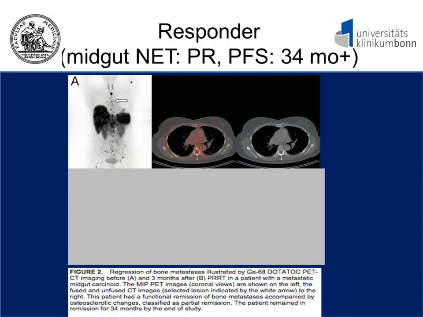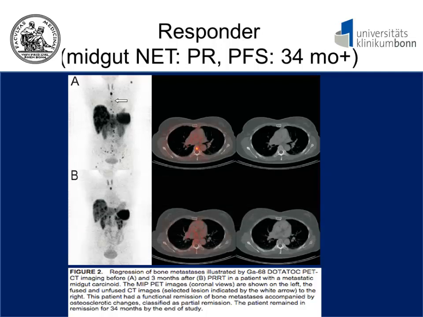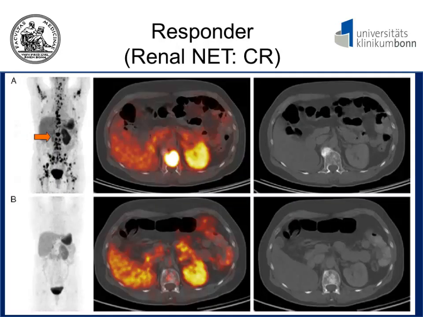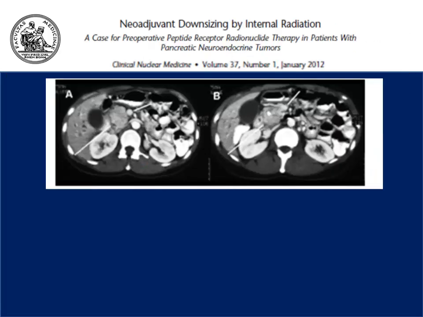One example from this study, a patient with midgut neuroendocrine tumors, after 4-cycle treatment, you see a partial response with a progression-free survival of about 34 months. Another example, a disseminated bone metastasis from renal neuroendocrine tumors, after 4 cycles, a complete response, no metastasis.